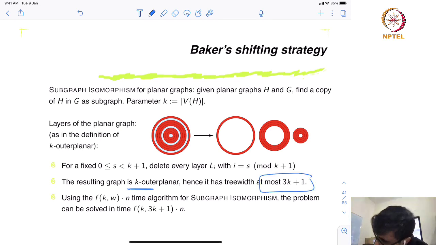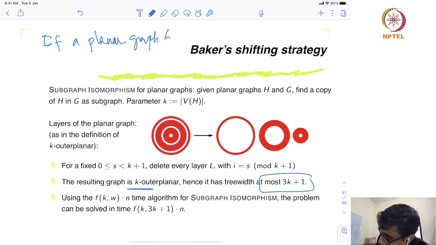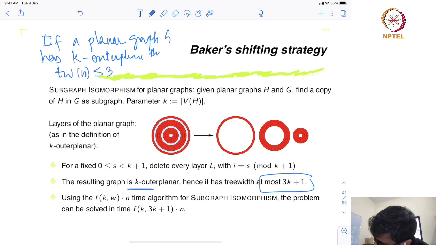So, if a planar graph G has k outer planarity, then the tree width of G is at most 3k plus 1.